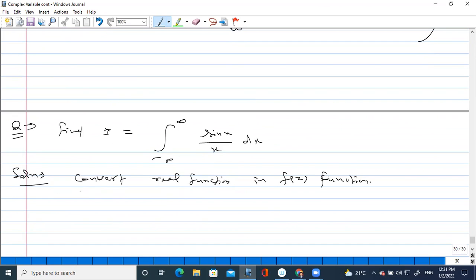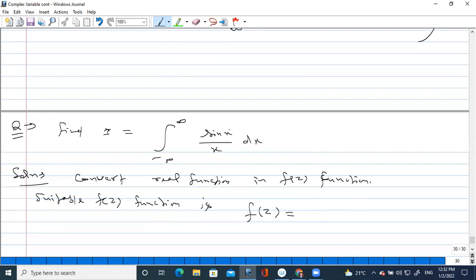Okay, so here the suitable f(z) function will be f(z) equal to the imaginary part of... I will write it completely, don't be confused.